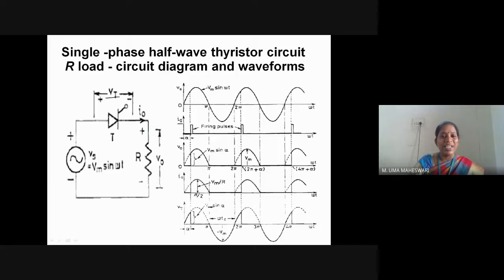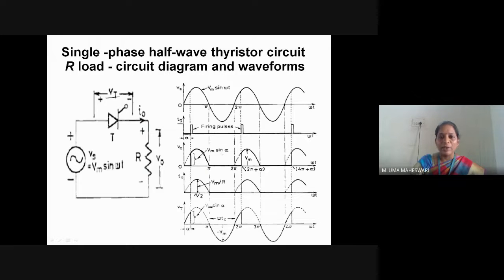This output voltage is the same as the supply voltage. So when we trace the output voltage waveform, we trace the same sinusoidal wave shape from instant alpha to pi, same as the supply voltage waveform from alpha to pi, represented as Vm sine omega t. At instant alpha, the voltage value is Vm sine alpha.